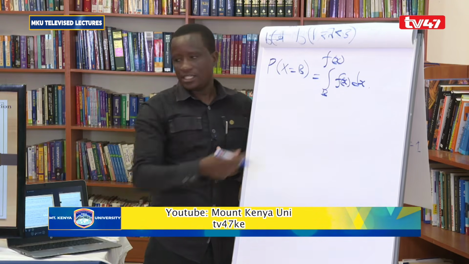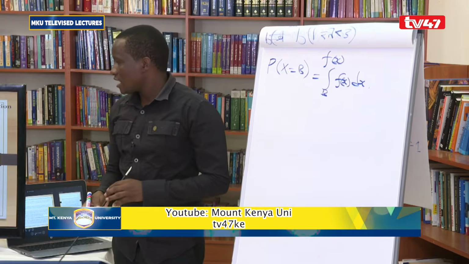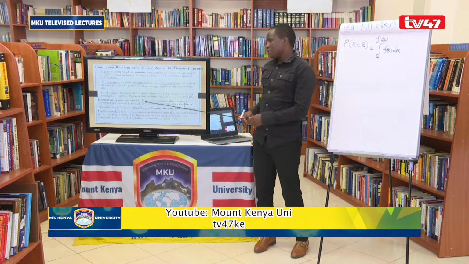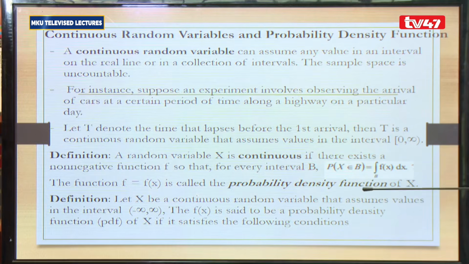If this holds, then we say that x is a continuous random variable. Then the function f is called a PDF. As I was stating earlier, for the case of discrete, we have PMF. For the case of continuous random variables, we have PDF.